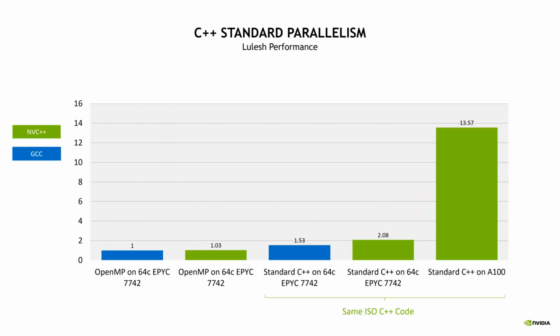So on this slide, blue is representing the GNU compiler version. Our baseline is the OpenMP version, which you saw on the previous slide, running on 64 cores of an EPYC CPU. So that's the one on the left. Then there's our compiled version of the OpenMP one, which gets slightly better performance, nothing too great to write about.